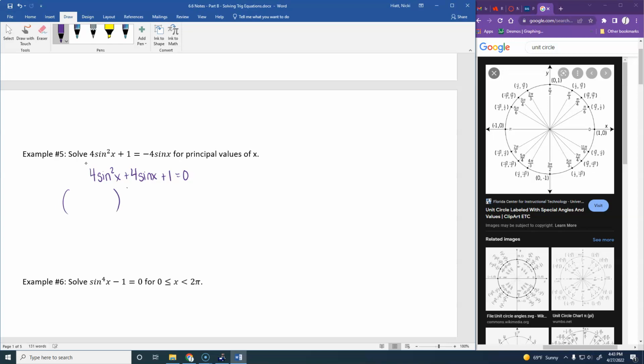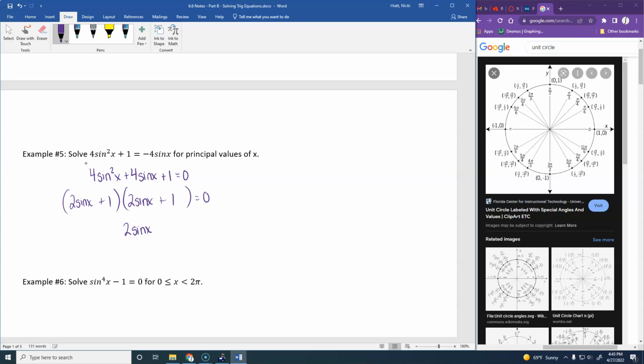So if we factor this, we could factor it into 2 sine x and 2 sine x, and we could put a plus 1 and a plus 1 there. And that should factor correctly to multiply back to give us 4 sine squared x plus 4 sine x plus 1. So since these are the same, we could just do this once.